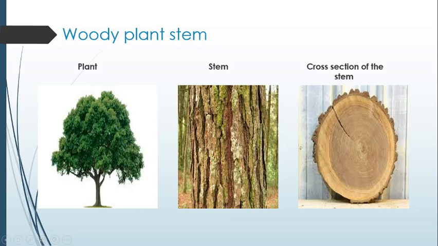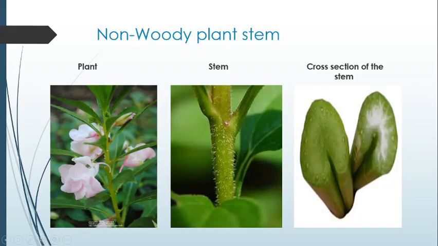This dark colored region is the heartwood of the plant. Non-woody plants appear like this. They don't have heartwood inside their stem. When these stems are filled with water, they can keep their erectness.